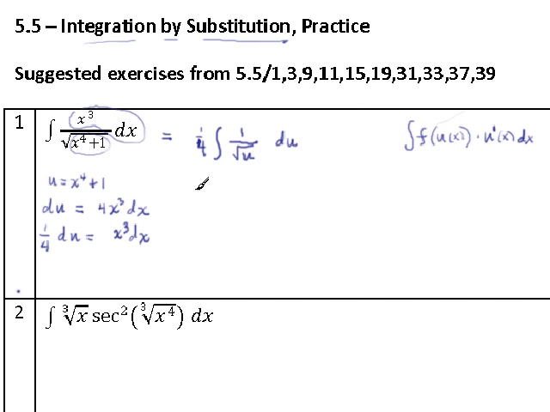We can easily change this to the power form, right? 1 over square root u is u to the minus 1/2, so we can apply the power rule for integration. Alright, so let's do that. U to the minus 1/2, add 1 to the exponent, we get u to the 1/2, divide by 1/2, that's multiplication by 2.